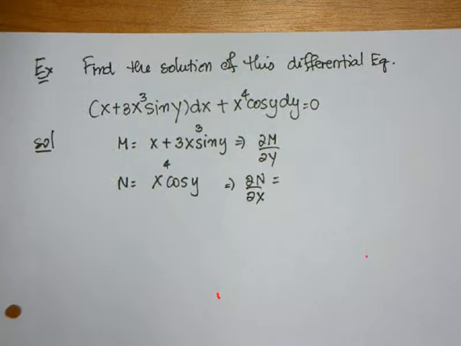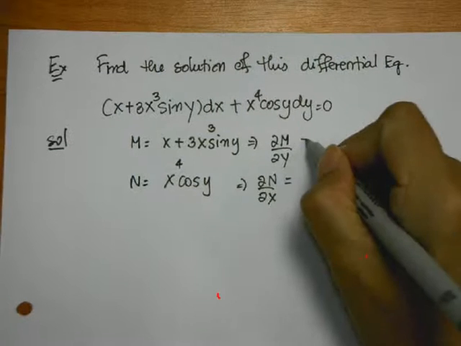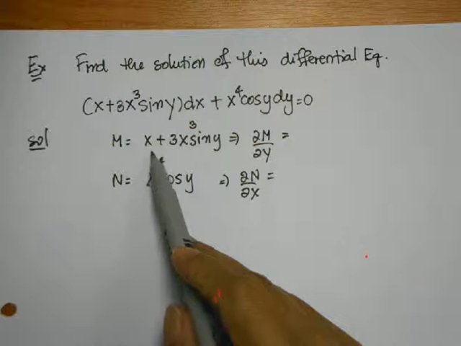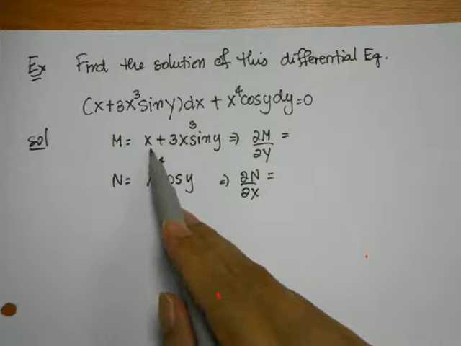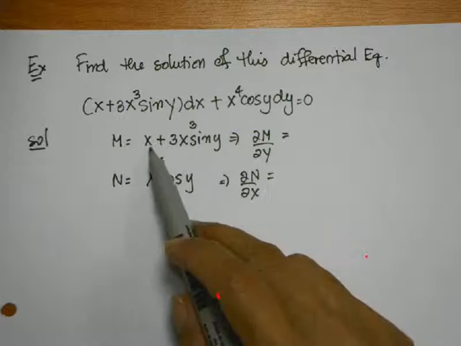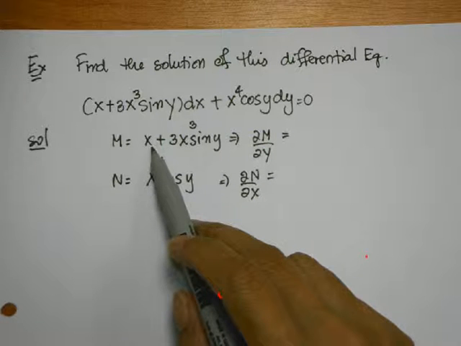Derivative of M by y equals what? The first term, we look at x as a constant. What do we get for the first term? 0, right? Because you do the derivative by y, you look at x as a constant, so you would get 0.